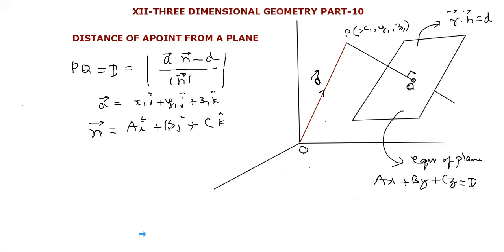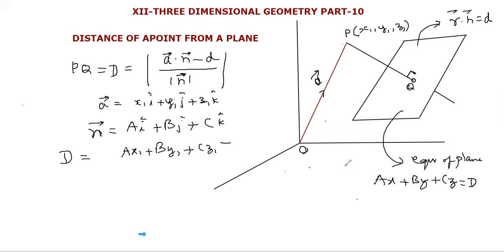Okay. So then when you will put these values in this equation, you will get the result: a dot n means ax1 plus by1 plus cz1 minus d.